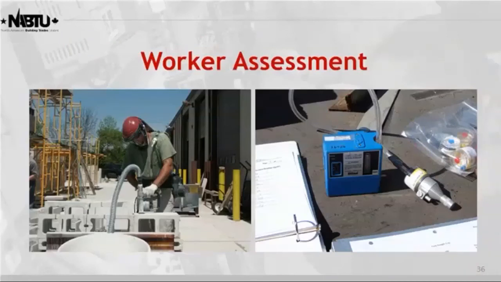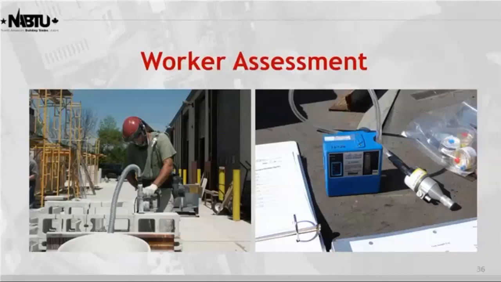Some of these pictures were actually used to help develop Table 1 listing the 18 tasks. This gentleman is using a portable saw. It's hooked up to a vacuum system, and you have the pump on the right hand side, and the little cyclone, is what they call it, is attached to the worker's shoulder near his face, and that'll capture any dust particles.